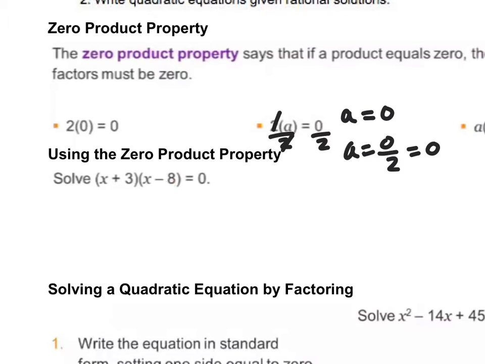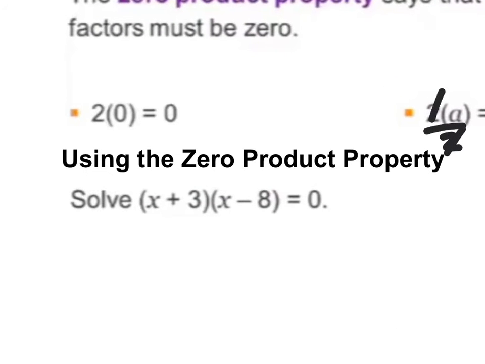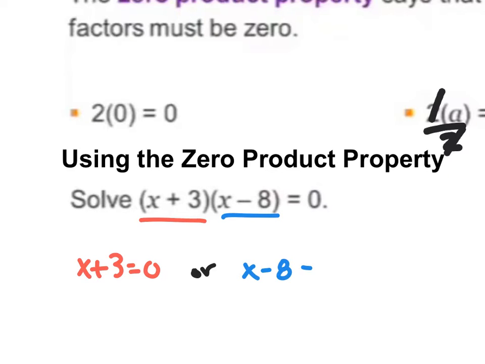All right, so what I want to do is look at this and say, well, if I have two binomials, two quantities being multiplied by each other and you get 0, then what I would want to do to solve this equation is say, well, x plus 3 is going to equal 0, or x minus 8 is going to equal 0.